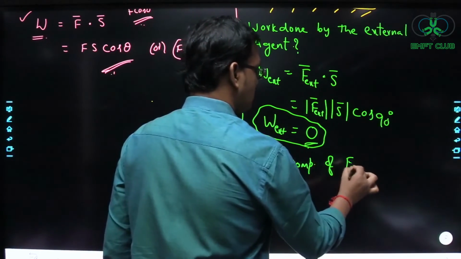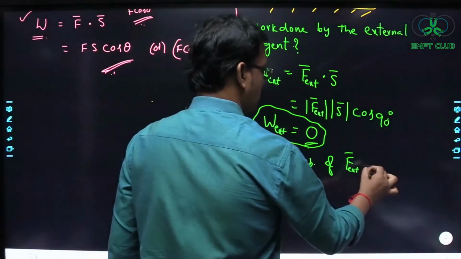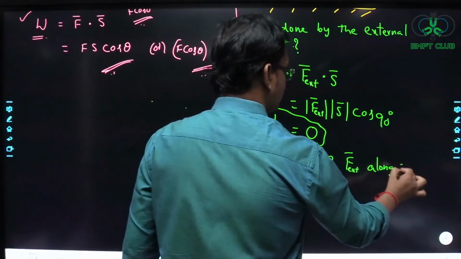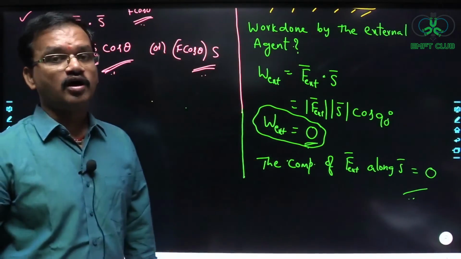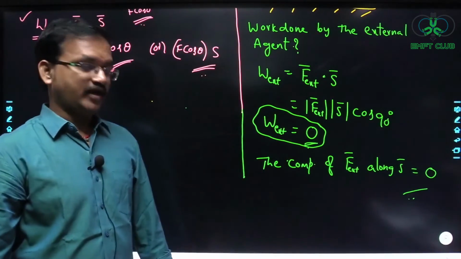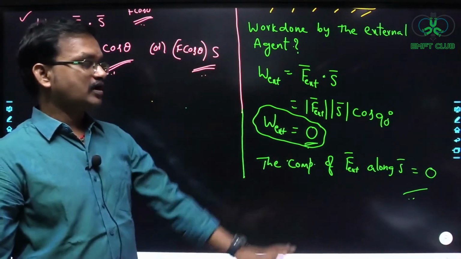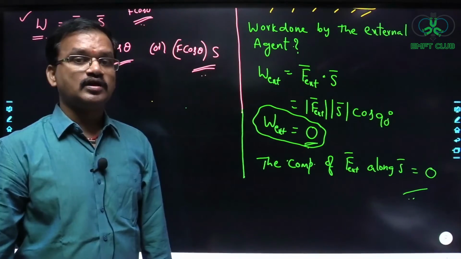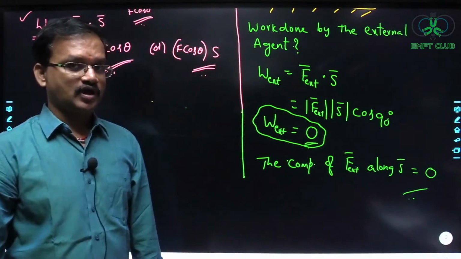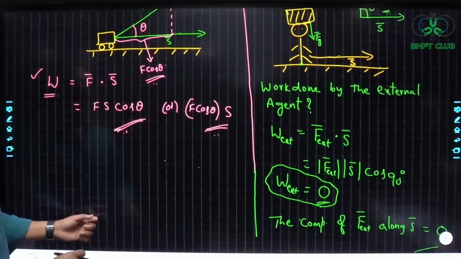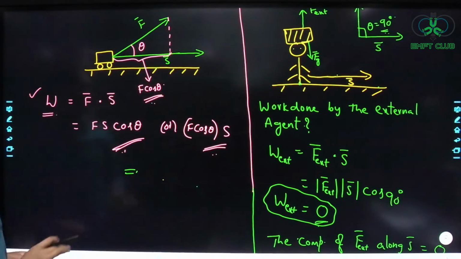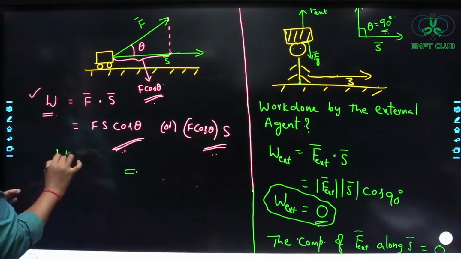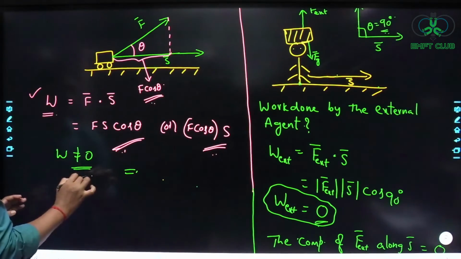There exists no component of force along the displacement direction, so the work done will be equivalent to 0. Whereas in this example, there exists a component of force along the displacement direction, so the work done is not equal to 0.